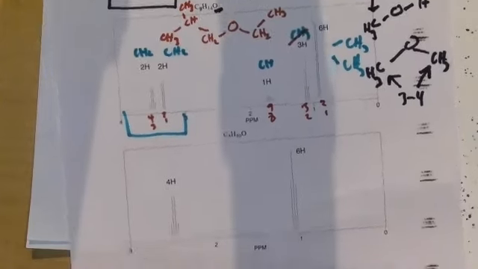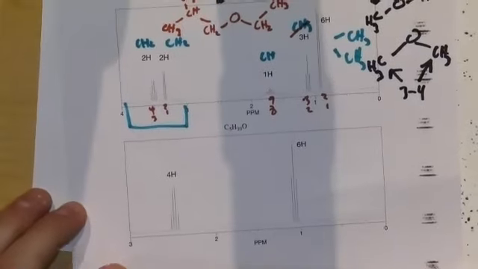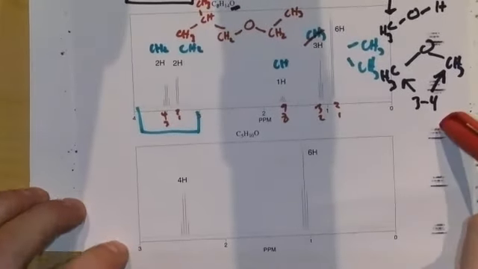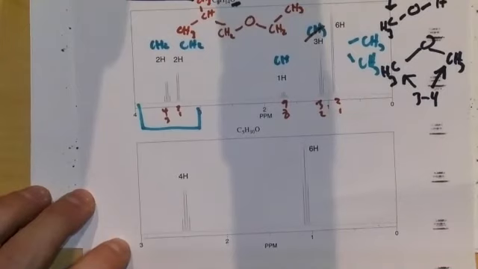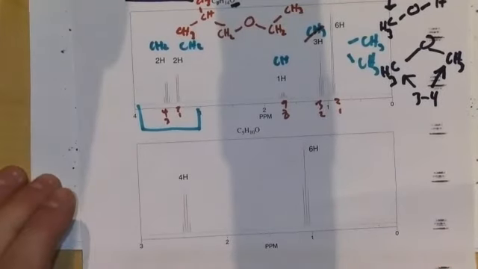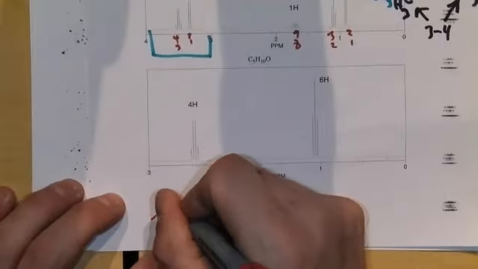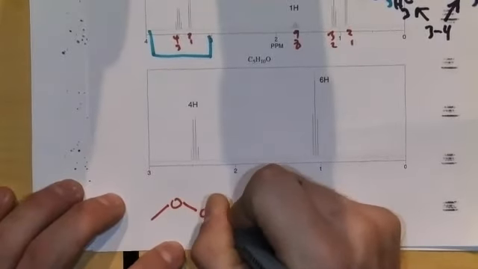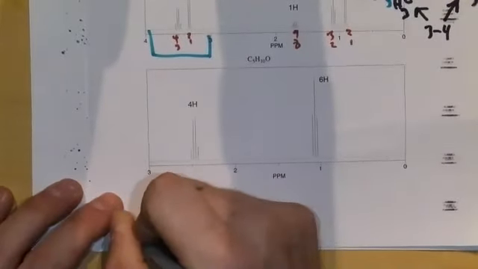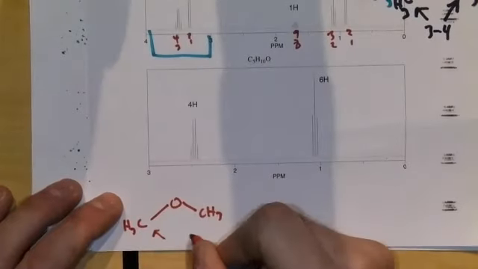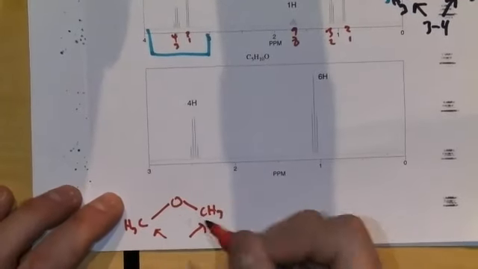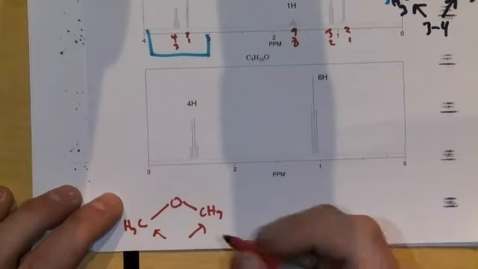So I kind of talked about ethers here. For ketones and aldehydes, they're a little bit different because you're a little bit further away or a little bit closer to a double bond. So if I think about these CHs here, they are directly attached by a single bond to oxygen.